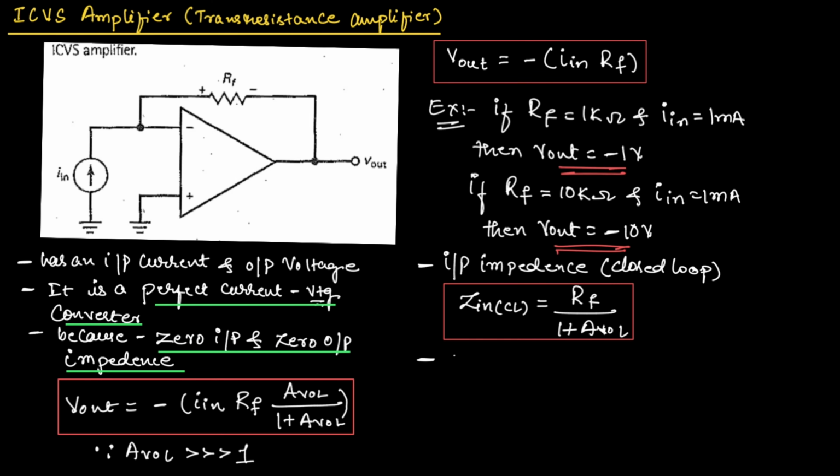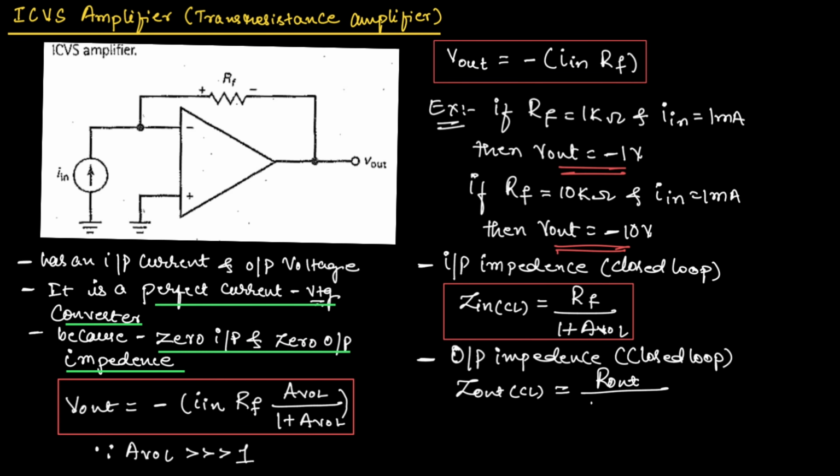Similarly, the closed loop output impedance can be given as Z out. Closed loop output impedance will be equal to R out divided by 1 plus AVOL. So closed loop output impedance is output resistance of the amplifier divided by 1 plus open loop gain.